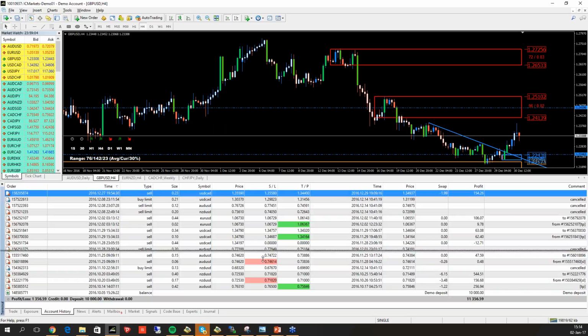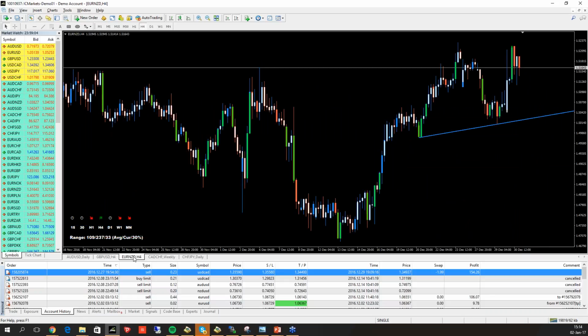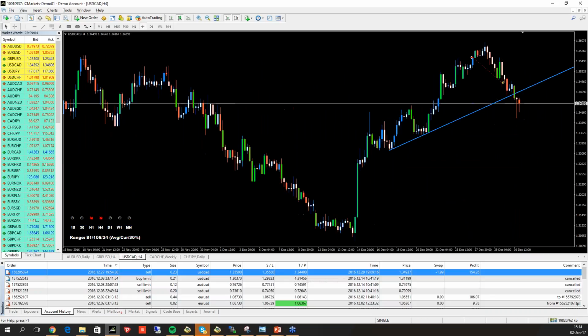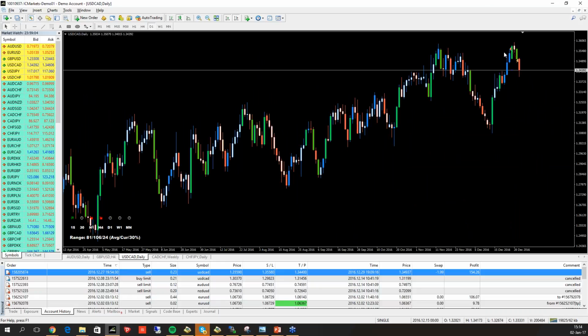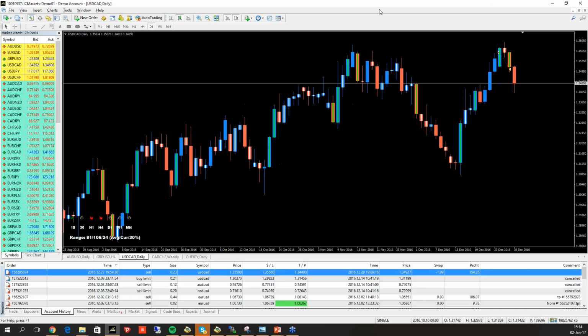Let's have a quick look at some of these trades. We have this one here. This is a trade that we took. So we sold here. This was interesting because I sold here, then price went up.